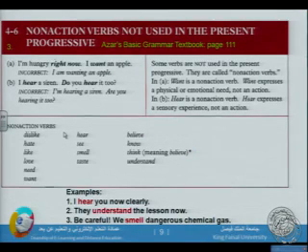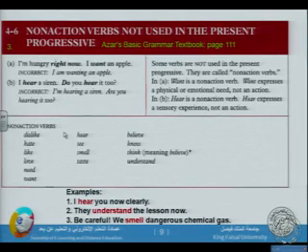Okay, so we understand basically what present progressive means. It means to describe an action that is happening right now. Okay? And it might be used to describe an action happening right now and which is temporary. Okay?